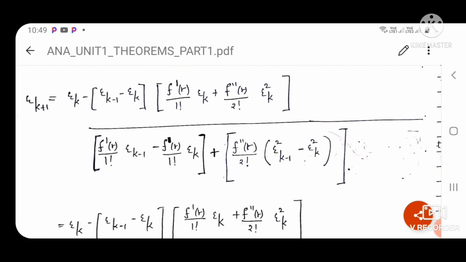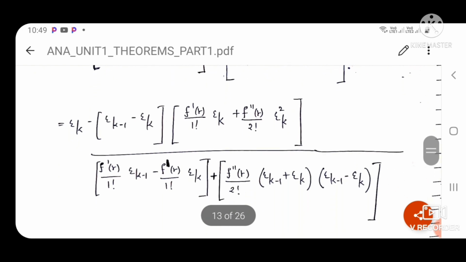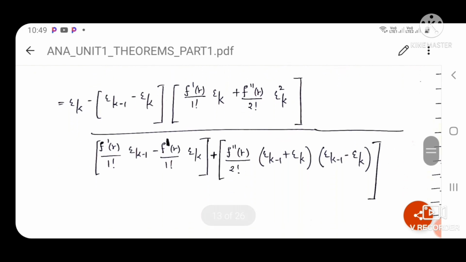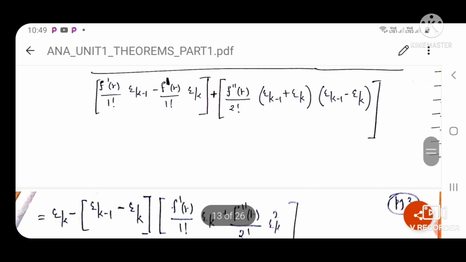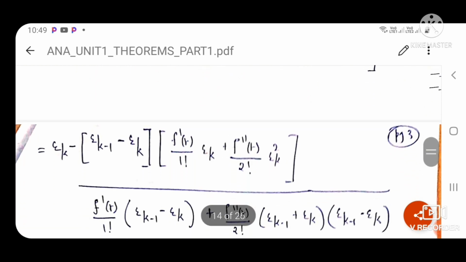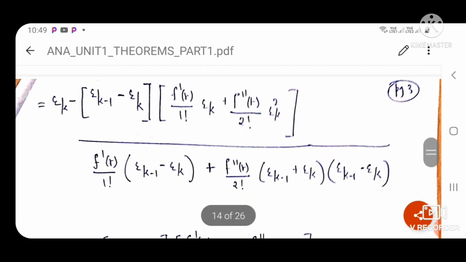F double dash of r is actually taken out as a common factor, and then from that, by the formula of a square minus b square, we get epsilon k minus 1 plus epsilon k into epsilon k minus 1 minus epsilon k. It's just a simplification process from now on.